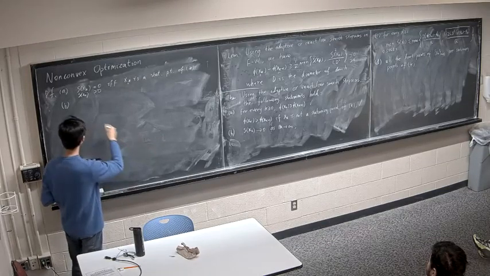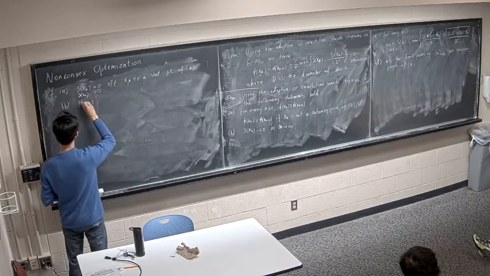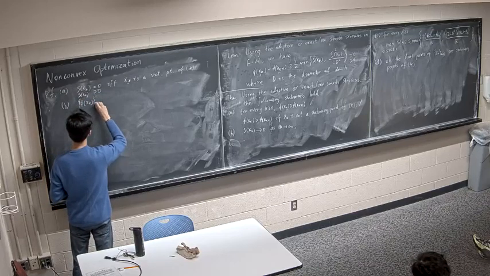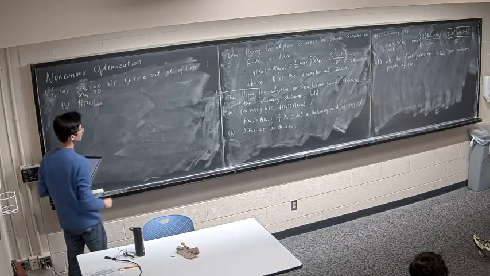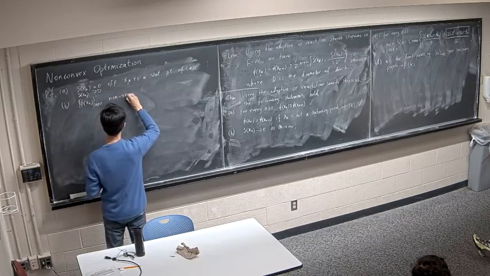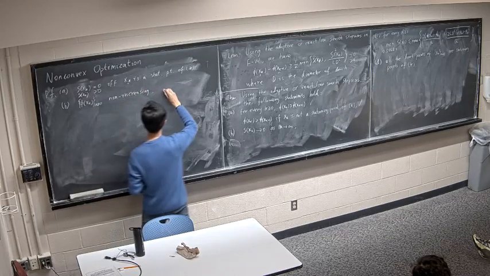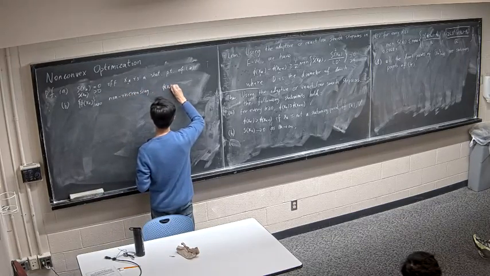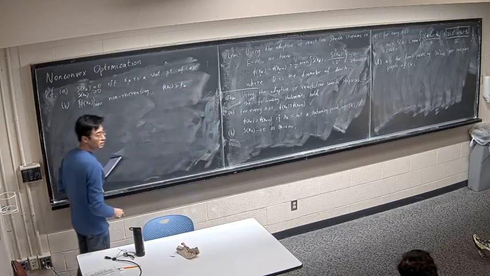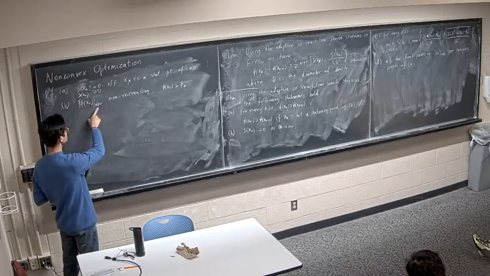So from part A we see that this function value sequence is non-increasing. And phi of xk is always bounded from below by phi star. Because this is non-increasing and bounded from below, this sequence is convergent.